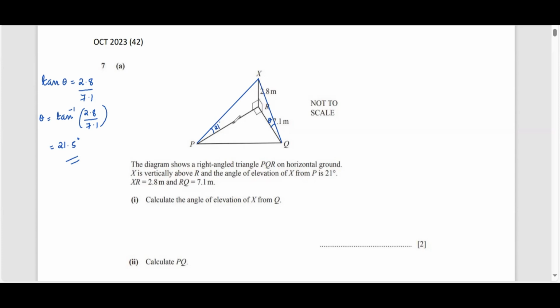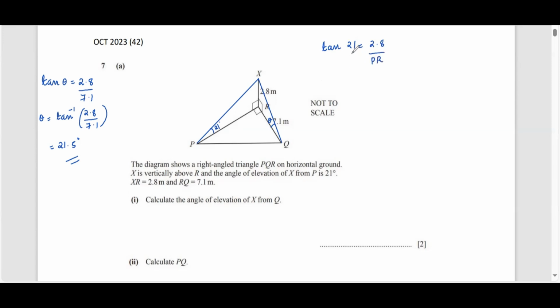So I'll find out this adjacent side, that is PR. Considering this angle 21, opposite is 2.8, adjacent is what we need to find out. So again, we use tan. So tan 21 is equal to opposite 2.8 over adjacent PR.